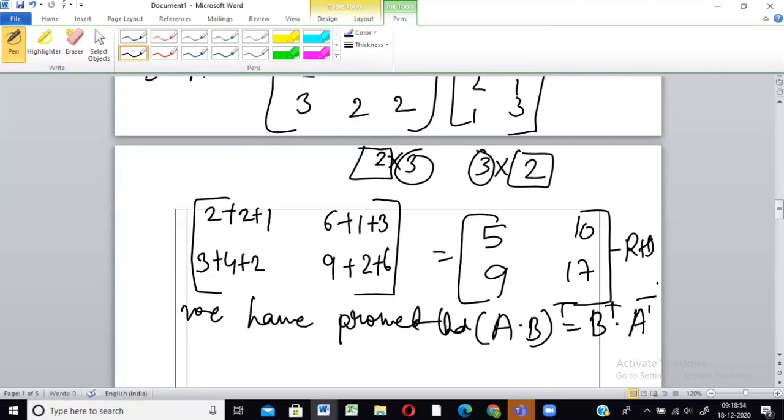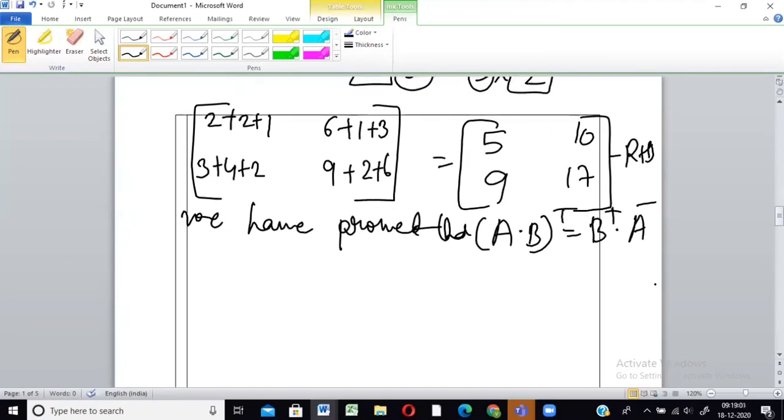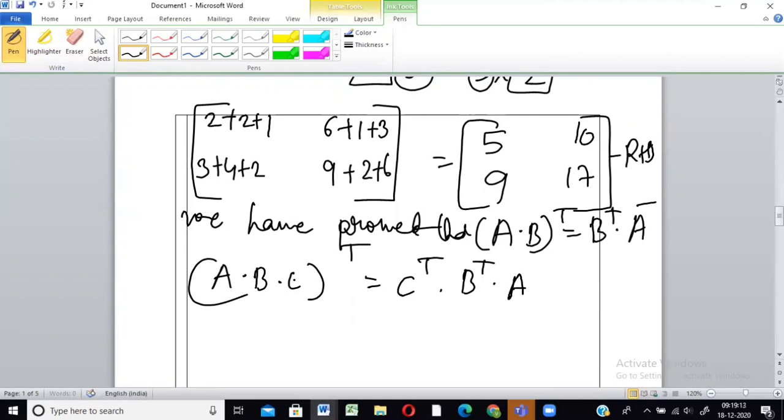Now, this property is not going to work only for two matrices. In general, you can have any number of matrices satisfying this condition. So, suppose we have (A into B into C) the whole transpose, its answer will also always be reversed, like this: C transpose into B transpose into A transpose. If A B C D comes, then D transpose into C transpose likewise.